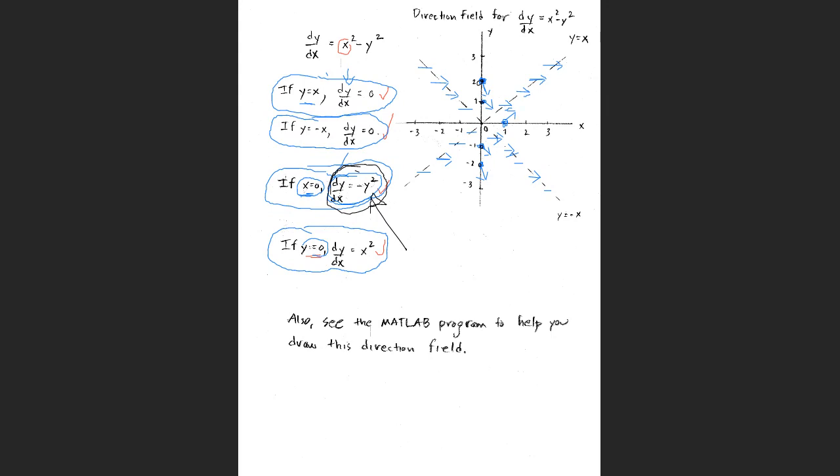And then at (-1, 0), the slope is going to be also equal to 1.